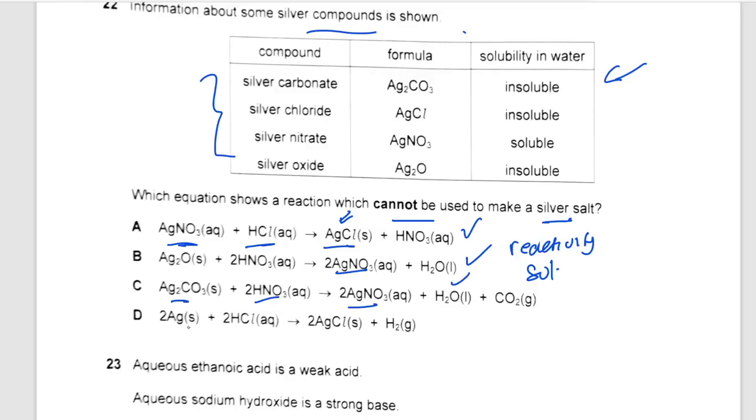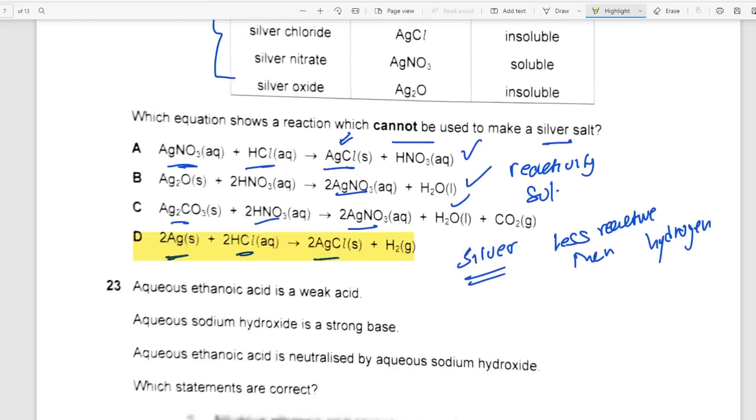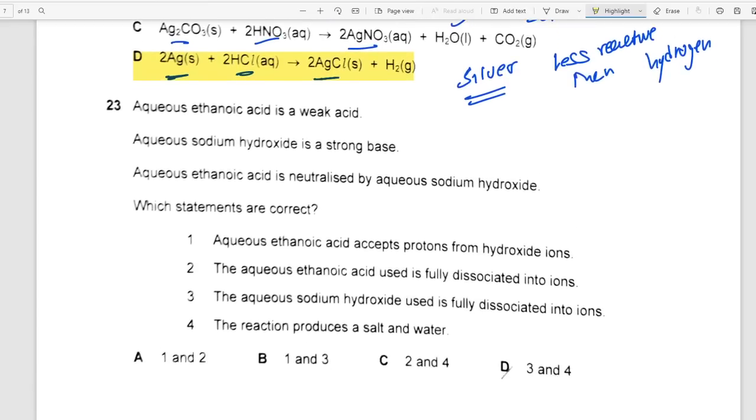So this should be the answer, because silver and hydrochloric acid cannot form silver chloride, because silver we know is at the bottom of the reactivity series, and silver is less reactive than hydrogen. Hydrogen is more reactive than silver, isn't it? So hence this reaction is not possible. It cannot form a compound when it is less reactive than hydrogen. So that is wrong. We move on to the next question.